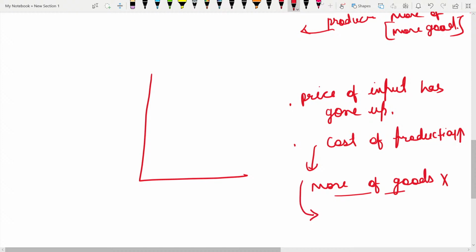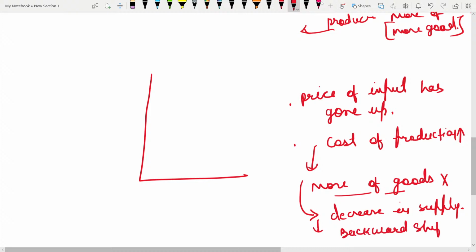Therefore, this will automatically decrease supply. Decrease in supply, that means what? That means a backward shift in the supply curve.